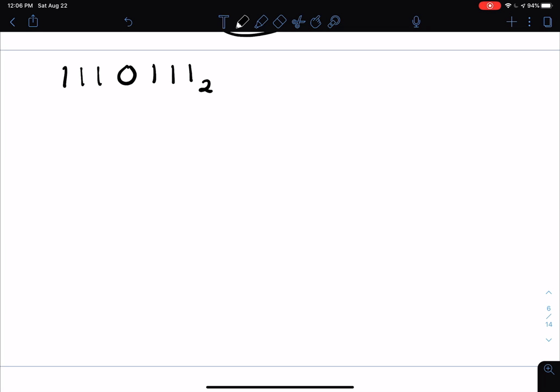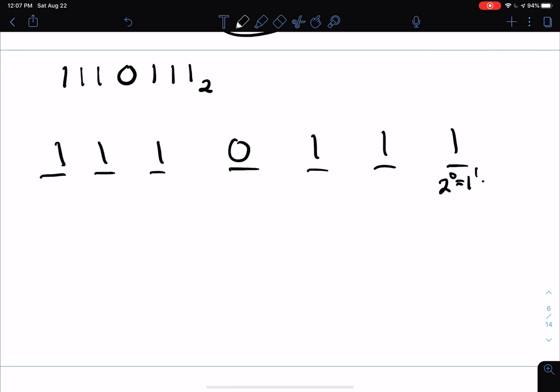Like in our numbers, normally that would be 1,110,111. But notice that little 2. So this is binary. So I'm going to write this out, spread out a little bit. Starting on the far right, I've got the 2 to the 0 or 1's place.